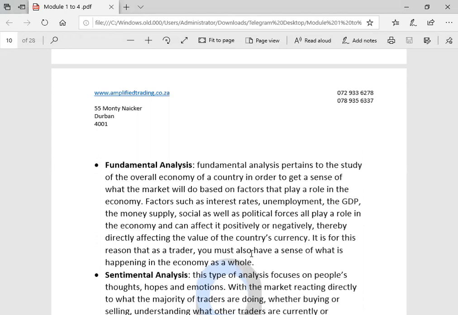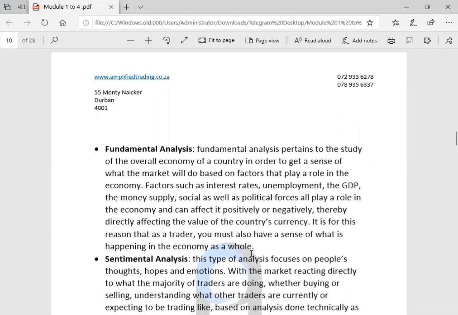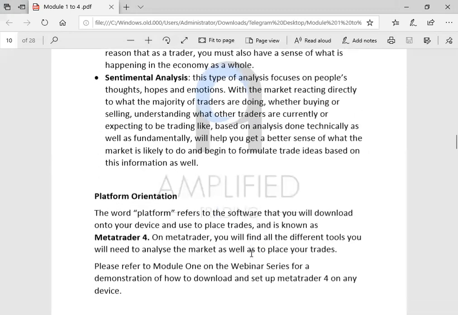Therefore, you have to be in tune with that if you are going to be a fundamentally based trader, okay? Because there's fundamentally based and then there's technical based. And sentimental analysis is basically a focus on people's emotions, right? So you feel like you love South Africa so much that you only want to be buying the South African rand. Okay, so that would be sentiment.